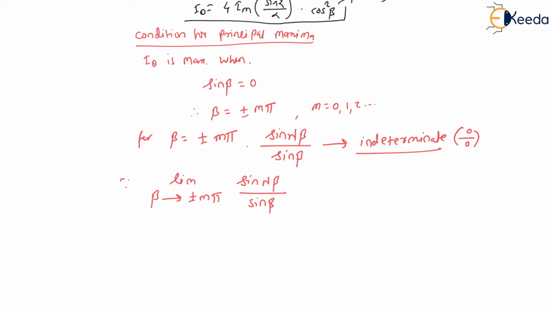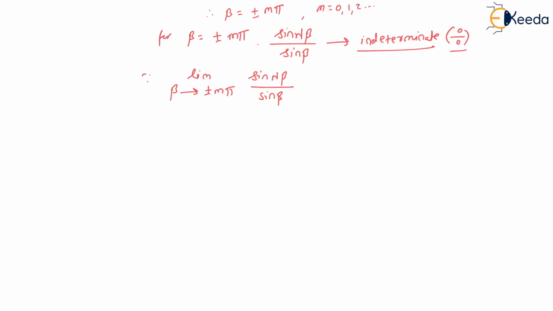Whenever we get the value of a limit as 0 by 0, or indeterminate, we use a rule which is called L'Hospital's rule. So here we can write by using L'Hospital's rule.